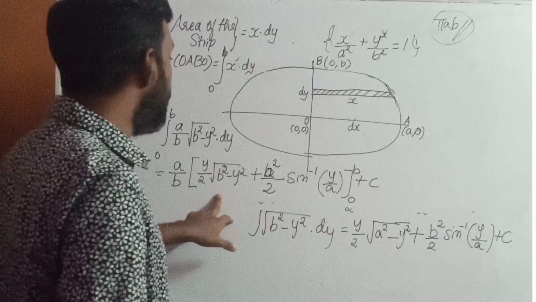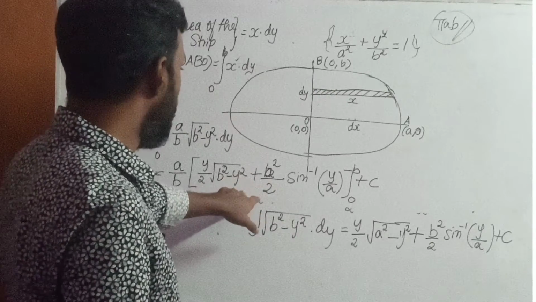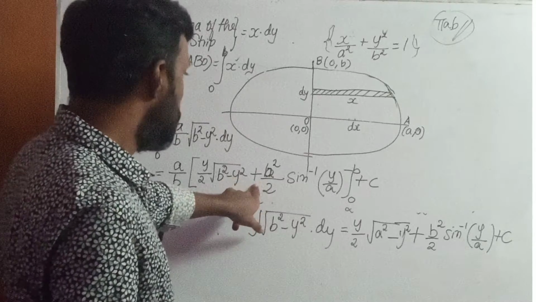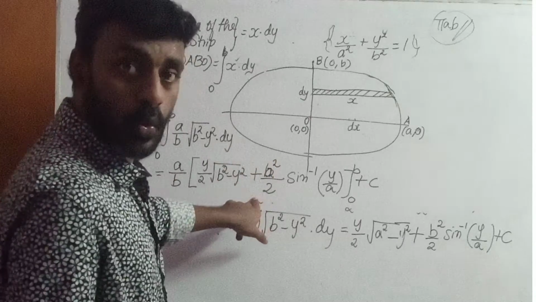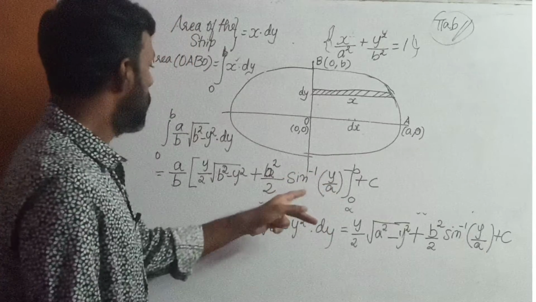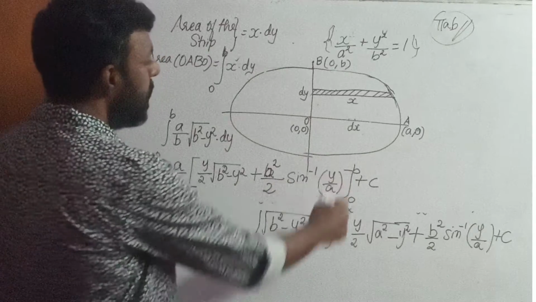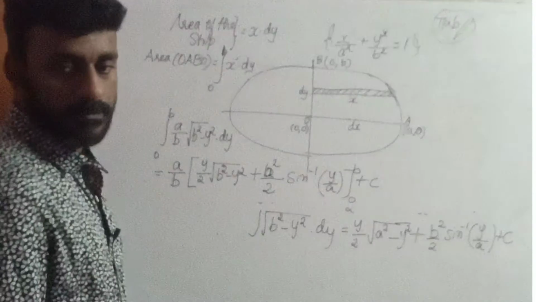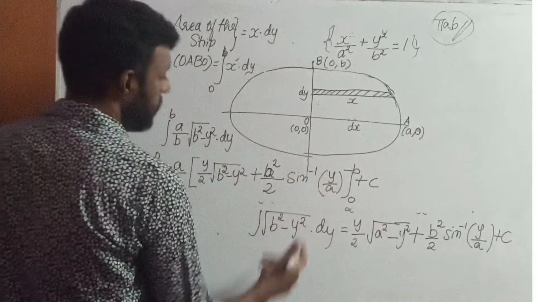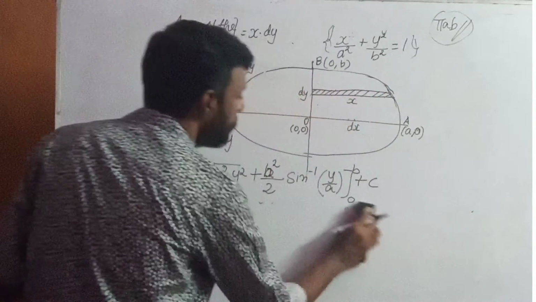So it will be y by 2 into root of b squared minus x squared minus y squared plus b squared divided by 2 into sine inverse of y by a plus c. So now I am erasing this portion.